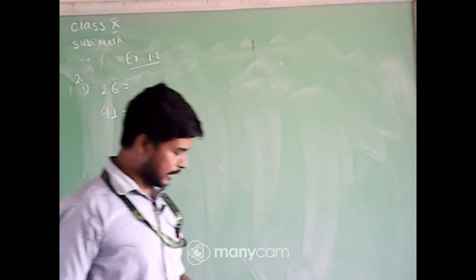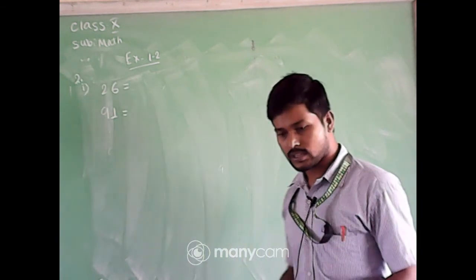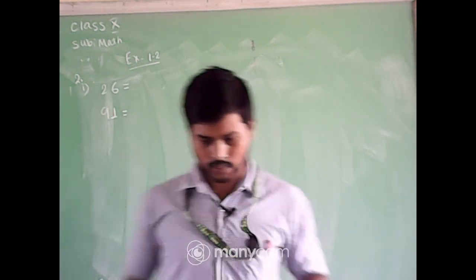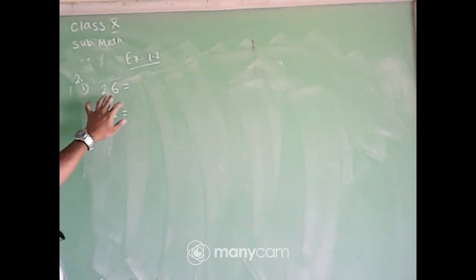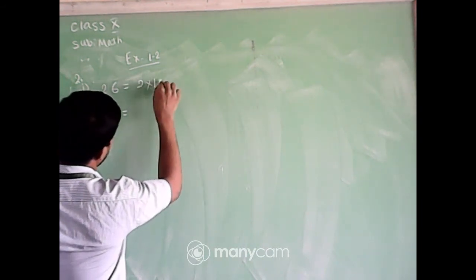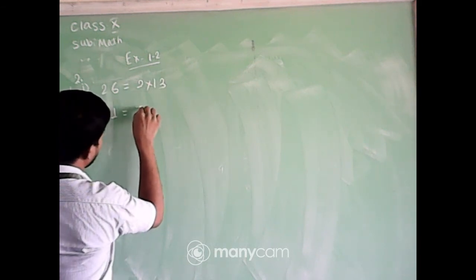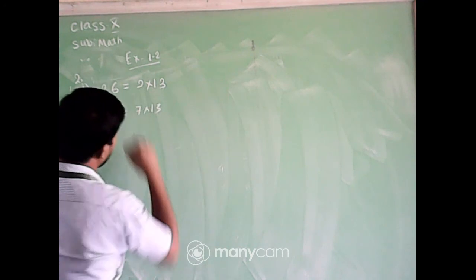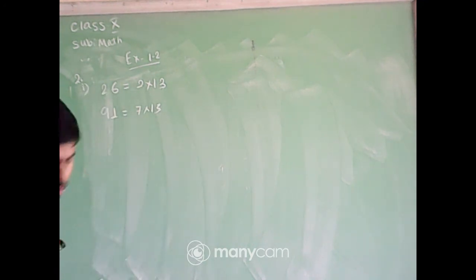First split 26 into prime factors and tell me the factors. 26 is equal to 2 into 13, very good, and 91 is 7 into 13. So 2 into 13 and 7 into 13.